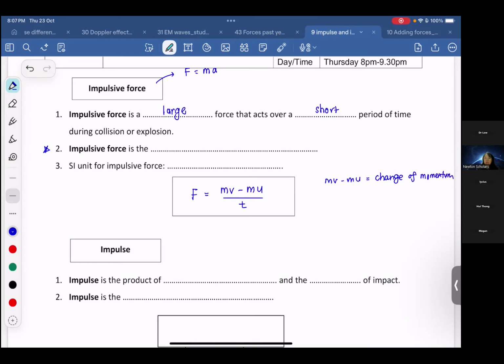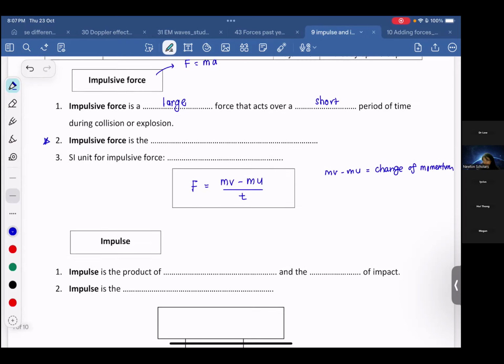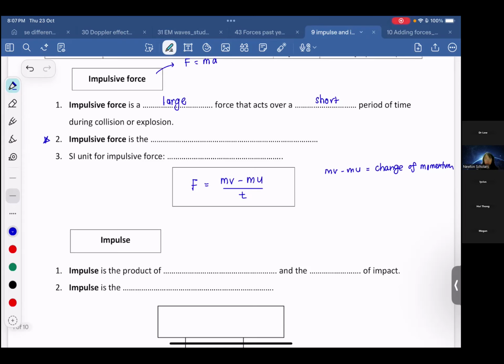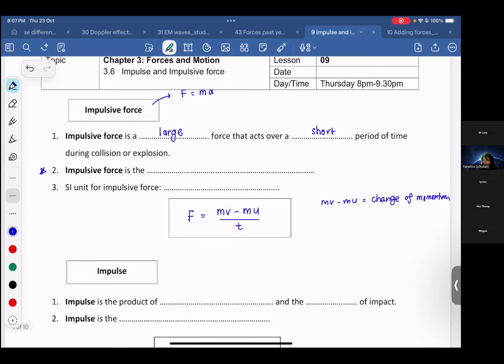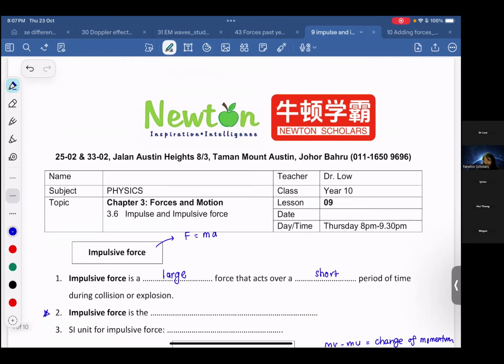Okay, per unit time. Any of you can tell me how to define per unit time in physics? Recall how we define acceleration.